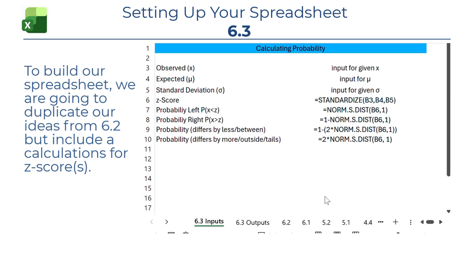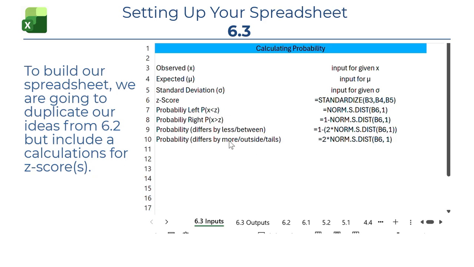To build our spreadsheet, we're essentially going to do exactly what we did in 6.2, but we're going to include a calculation for a z-score. So note, I still have the probability to the left, NORM.S.DIST, the probability to the right, 1 minus NORM.S.DIST. The probability that it differs by less or is in between, 1 minus 2 times NORM.S.DIST.